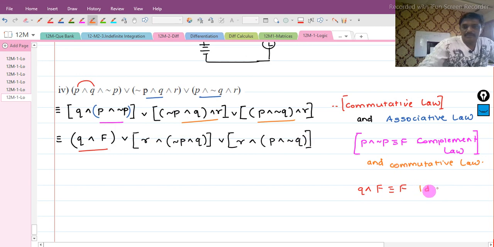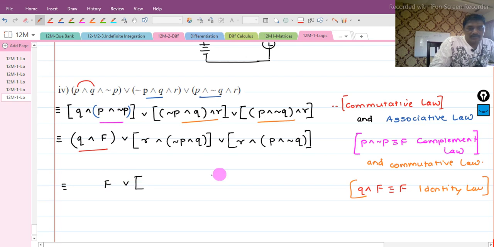So this is the identity law. Let me start here. I'll write this as false, or this bracket, or this bracket. This bracket is R and negation P and Q. This bracket is R and P and negation Q.